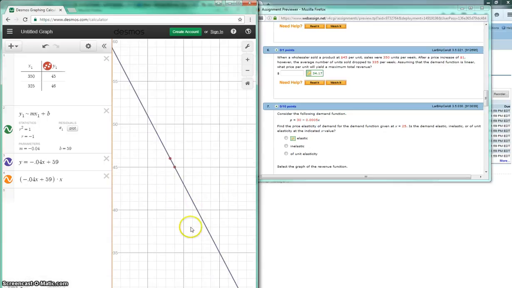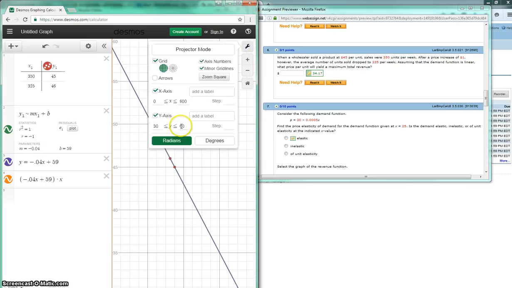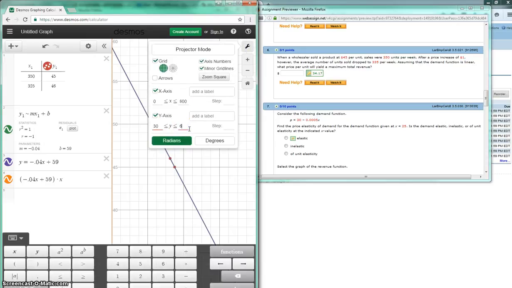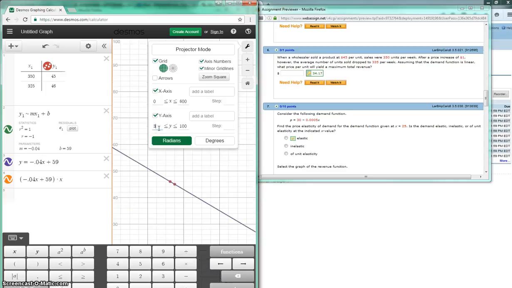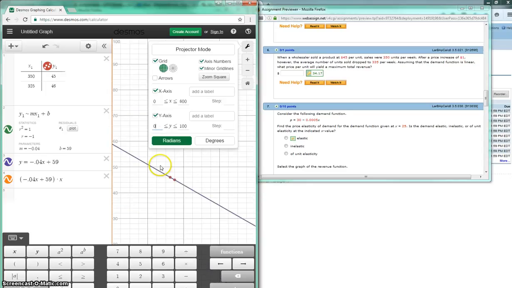See if I'm getting anything here. Looks like I'm missing something up here. I'm going to go higher, and that's not going to do it. Let me go lower with that price. Maybe I need to sell a whole bunch.